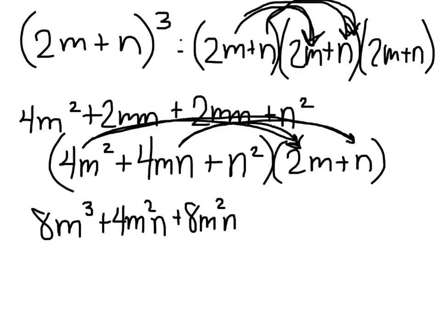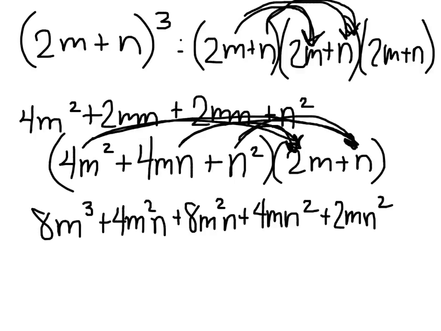What's 4mn times n? What's n squared times 2m? And what's n squared times n? Now, what I did for this one is I wrote it down horizontally like some of you guys like to do.